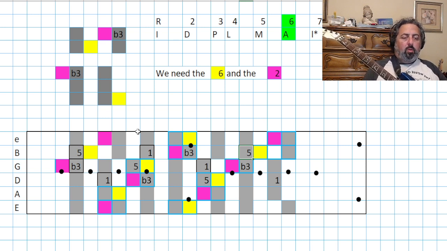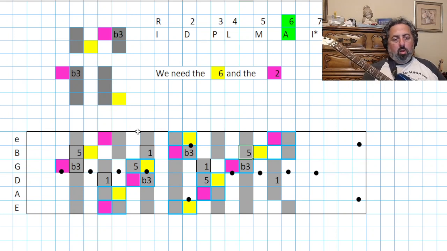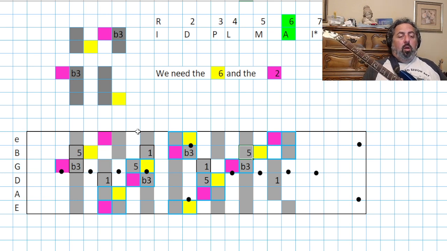That's a yellow bend. 5, 4, 3, 1. 3, 2, 3, 1. Milking that half step. Now, how many times have you probably even heard that lick? Some guitarists milking the half steps.